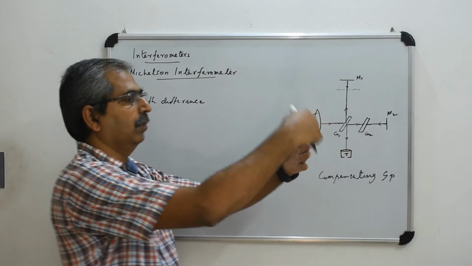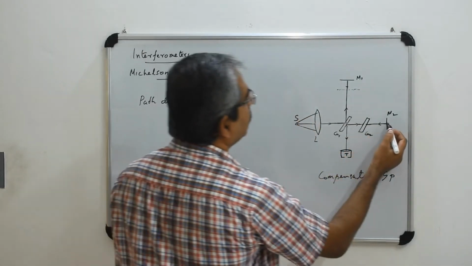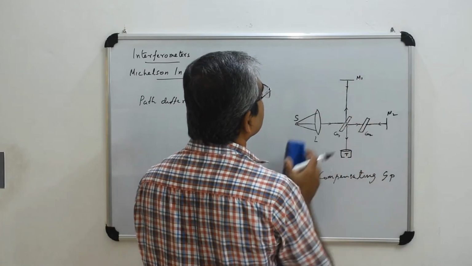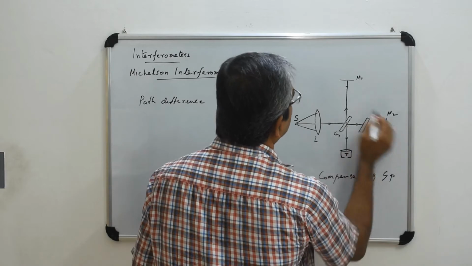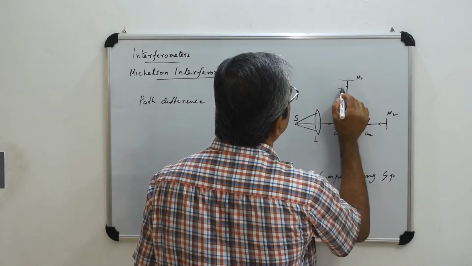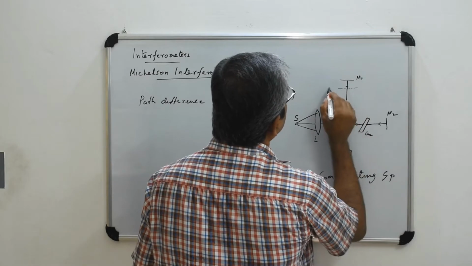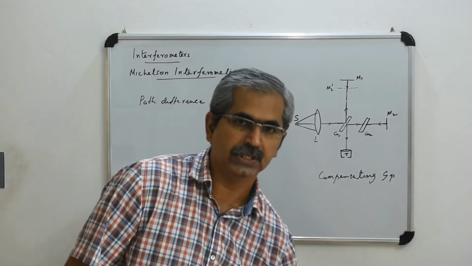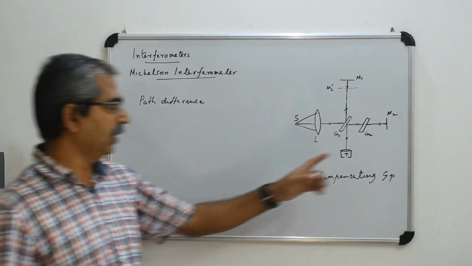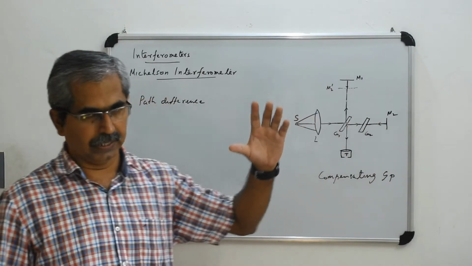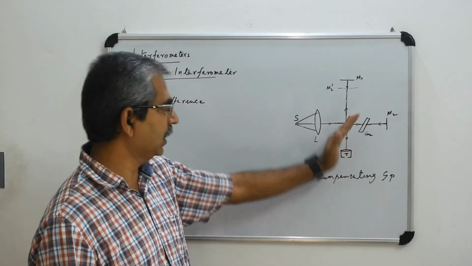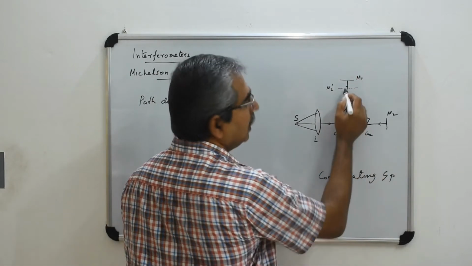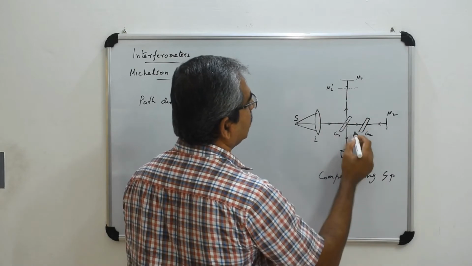So the image of M2 will appear somewhere here, and this point you can write as M2 dash, where M2 dash is the virtual image of the mirror M2. I think you got the idea. After reflection, it seems that M2 is somewhere here. Now this distance and this distance will be the same.